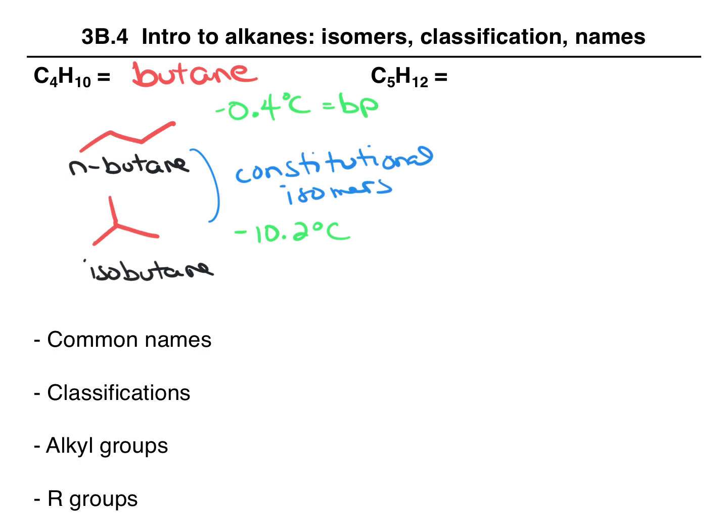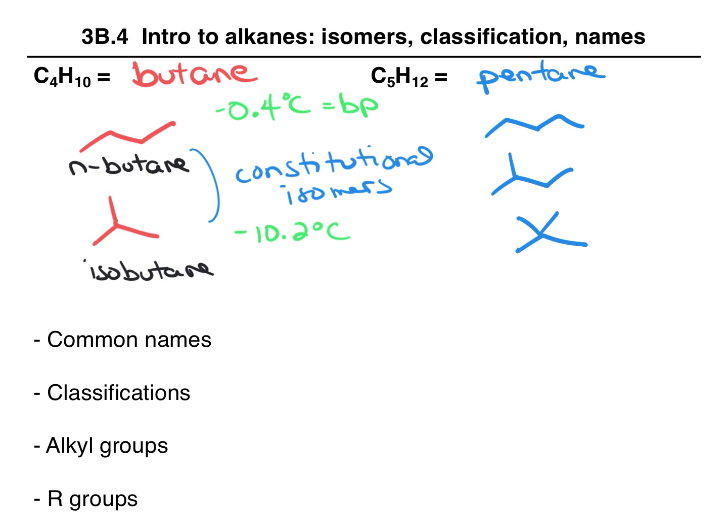Next, if we look at C5H12, this would be pentane, but we can draw this as 5 carbons in a chain. We could have 4 carbons in a chain and a methyl branch, or we could have 3 carbons in a chain and 2 methyl branches.